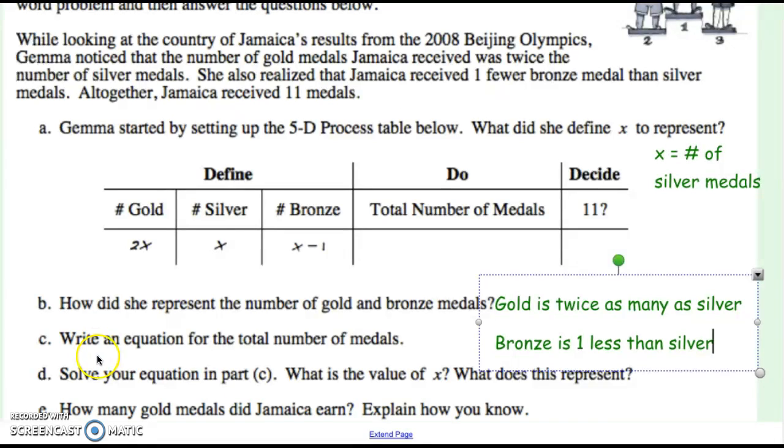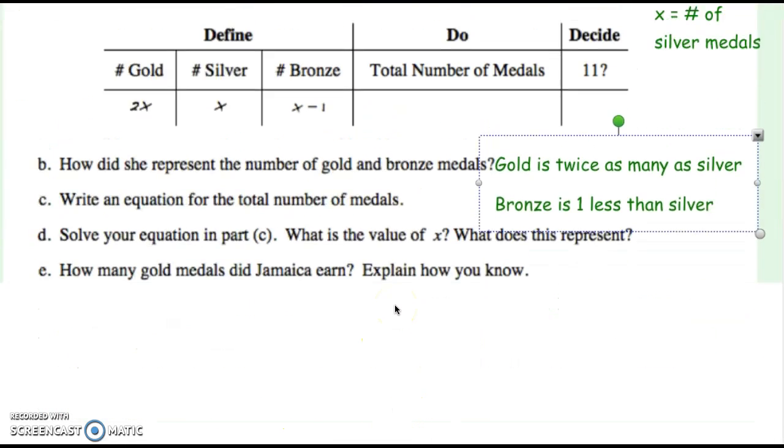So C says write an equation for the total number of medals. And it says total number of medals in the do part. So if I were trying to find the total number of medals, I would add up the gold medals, the silver medals, and the bronze medals. And for this one, since we don't know the exact number, what they want you to do is use X to represent the number of medals for each.